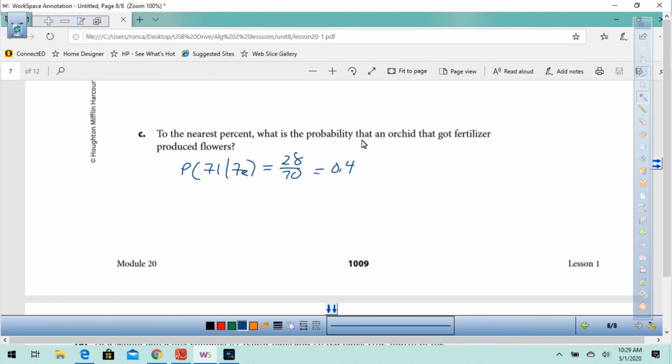And that's within 1 month. So 40% of them that got fertilizer produced flowers within 1 month.